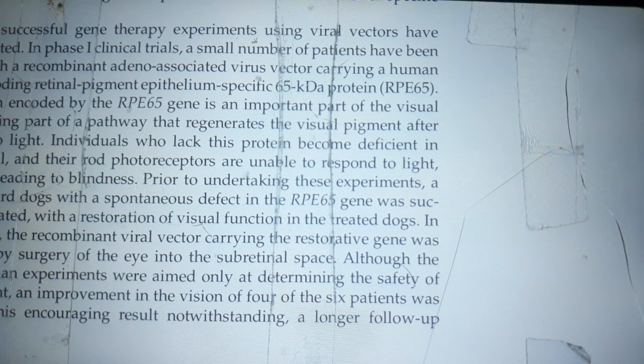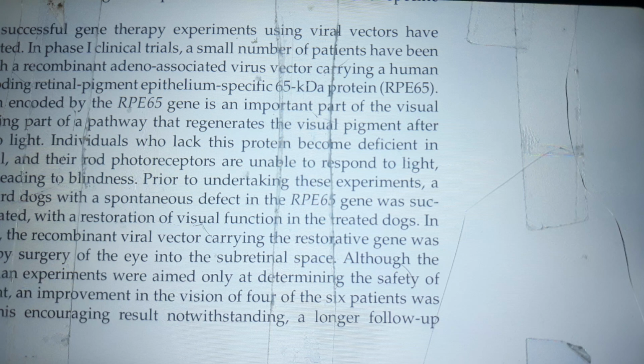In phase 1 clinical trials, a number of patients have been treated with a recombinant adeno-associated virus vector carrying a human cDNA encoding retinal pigment epithelium-specific 65 kDa protein, RPE65.